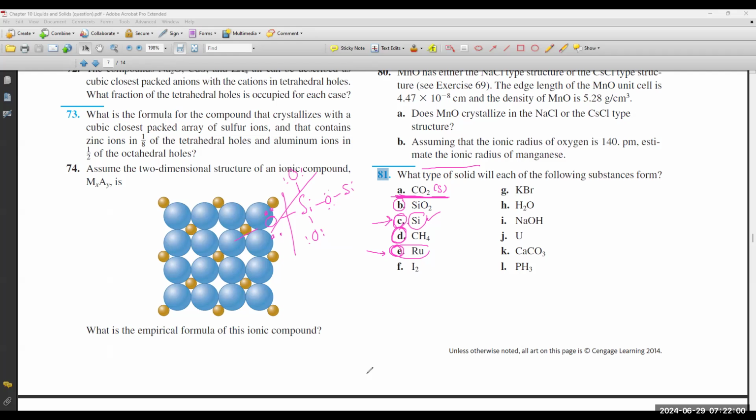What kind of attractive forces? Metallic forces. Don't call it non-polar. Did you search E in the periodic table? Yes, metallic attraction. Amudita is right. Let's go for F. I2. Yes, molecular solid, non-polar, LDF. Let's go for G.